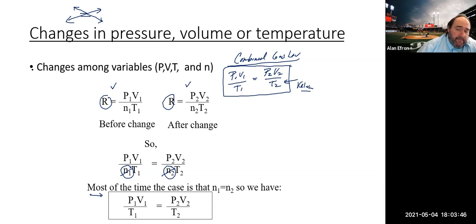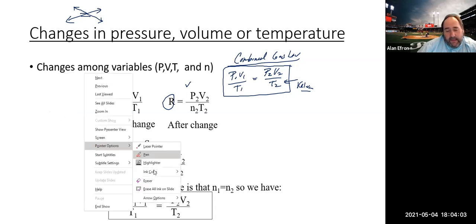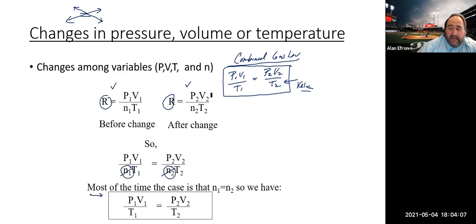The other nice thing about this gas law is you could use it to get all the other gas laws that we talked about. And what I mean by that is if you think about, for example, Boyle's law, which means constant temperature, you essentially just take out your temperature part, and there's Boyle's law right there.